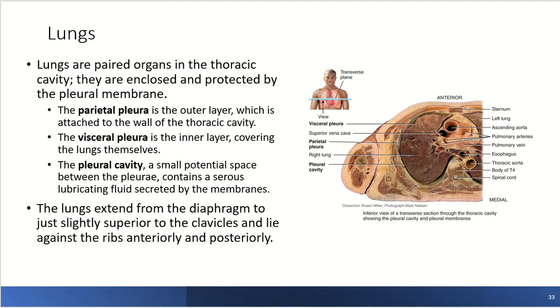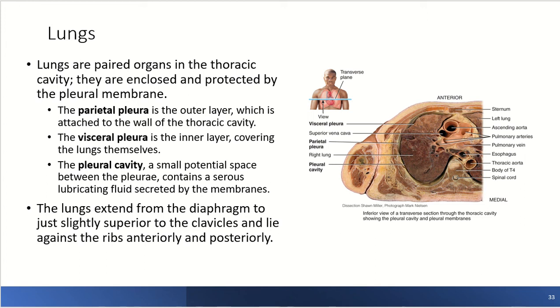Like we said, these lungs are paired organs found in our thoracic cavity. They are enclosed and protected by the pleural membrane. The parietal pleura is the outer layer, attached to the wall of the thoracic cavity. The visceral pleura is the inner layer, and it covers the actual lungs themselves.